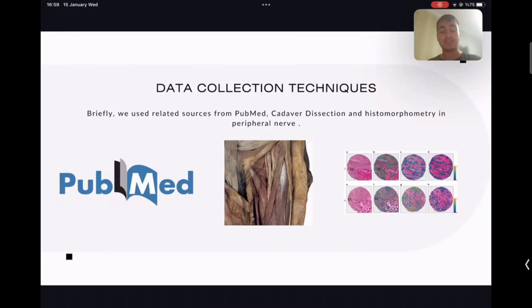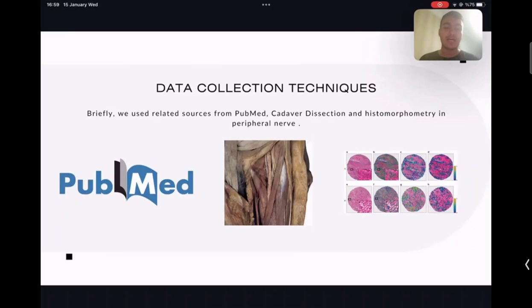What are our data collection techniques? As you can see, we write and show the pictures of them for clear understanding from the slide. Briefly, we use related sources from PubMed, and we used cadaver dissection and also histomorphometry in peripheral nerve.